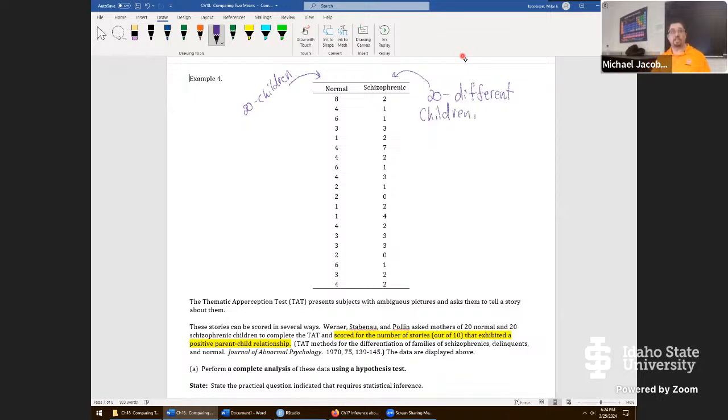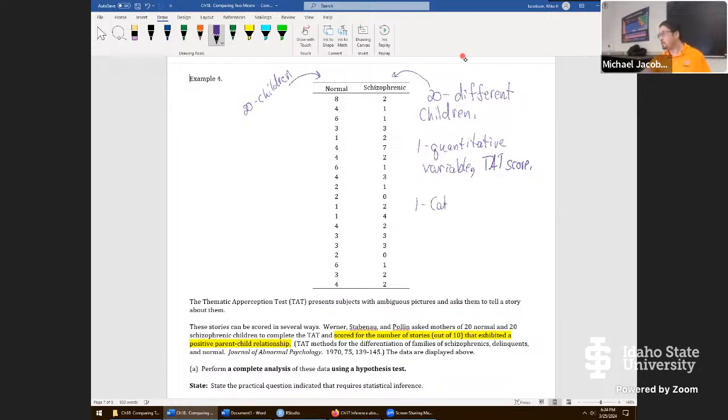So that means we're dealing with a quantitative variable, but there are two populations here. Really, there is one quantitative variable. That's the TAT score. There's 40 TAT scores, so there is obviously another variable going on.